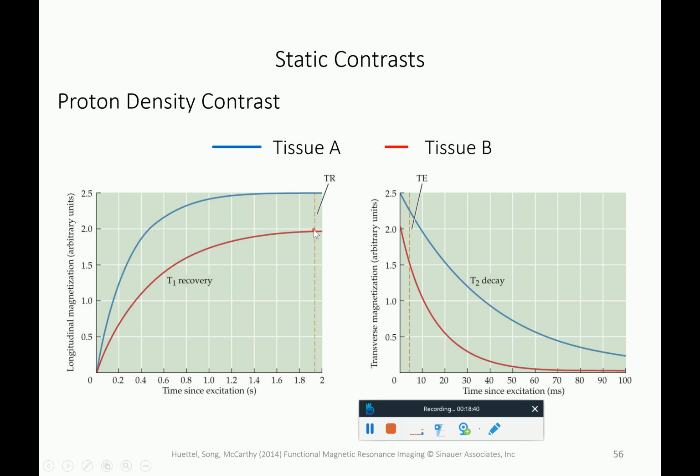Now, if you don't allow for a long TR, and this is why it's interesting to look at the recovery, if you, for example, would tip things already where my cursor is right now, into the transverse plane, then the difference between blue and red is of course smaller, and what you can detect with your sequence is smaller. Here it's the maximum that you can get, and this is what you want to measure.